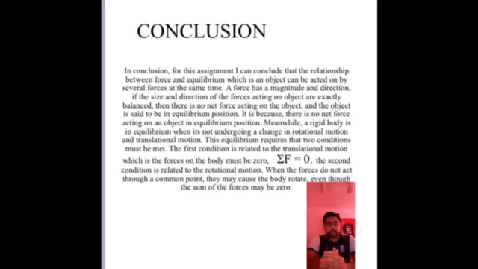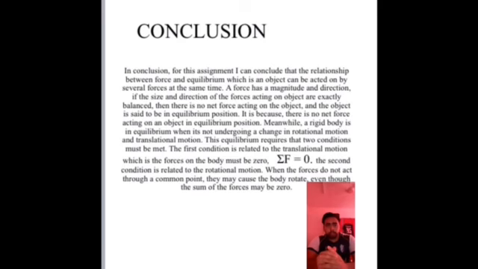If the size and direction of the forces acting on an object are exactly balanced, then there is no net force acting on the object, and the object is said to be in equilibrium position. It is because there is no net force acting on an object in equilibrium position.